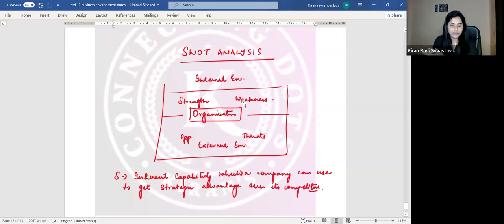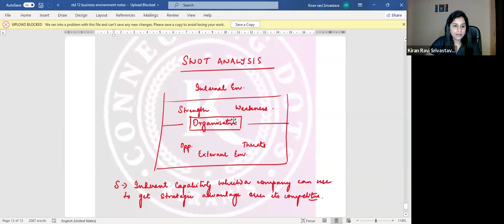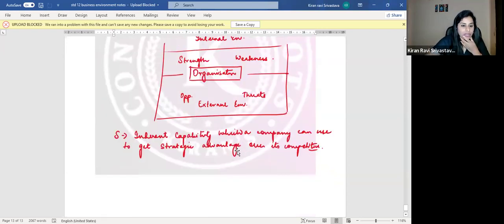Now, for example, if I talk about the iron and steel companies, all of them are located mostly in this belt, Jharkhand, Odisha. Why? What is the strategic advantage of setting up the plants here? Because the mines are nearer, so transportation costs will be less.